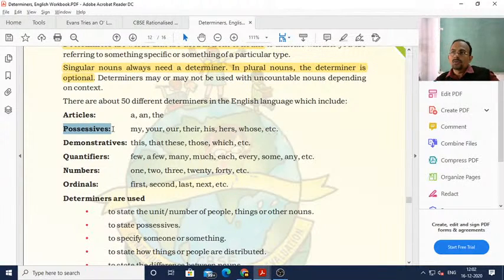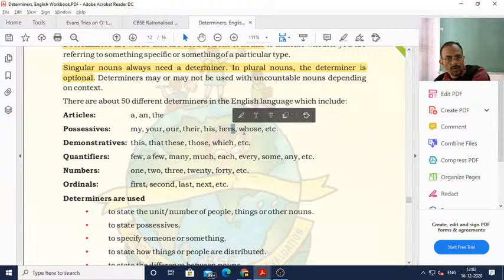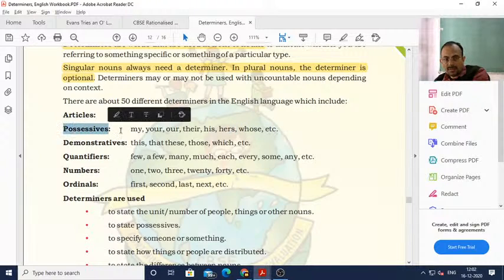The house belongs to whom? Myself. Therefore, possessives are used before the noun to show possession, and all possessives are called determiners. Earlier they used to come under adjectives, but nowadays they are grouped under determiners. So you can see here my, your, our, their, his. It's not hers, it's just her, there is no s. These are the examples of possessives, and possessives come under determiners.